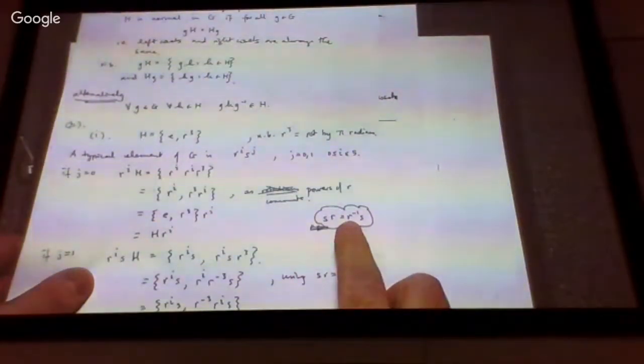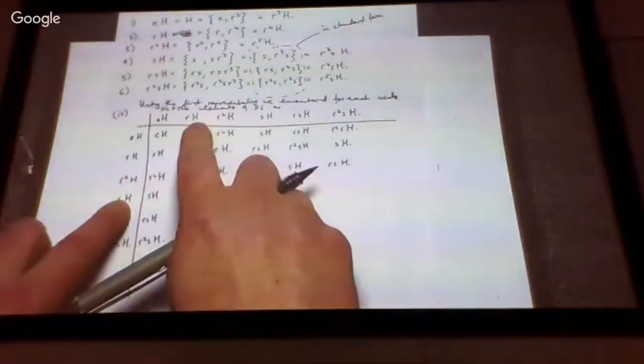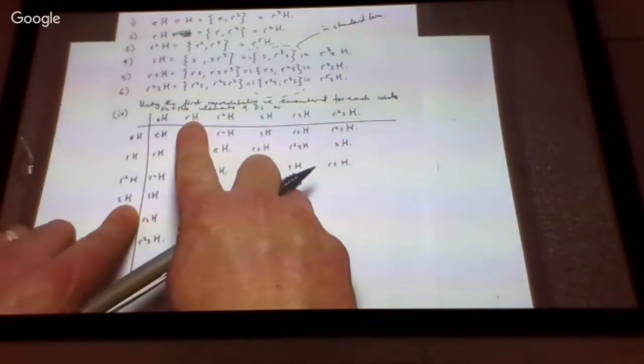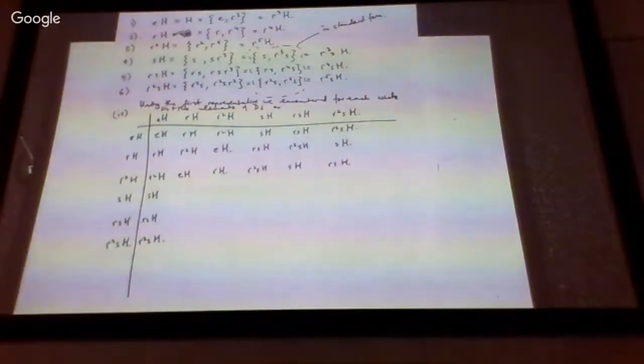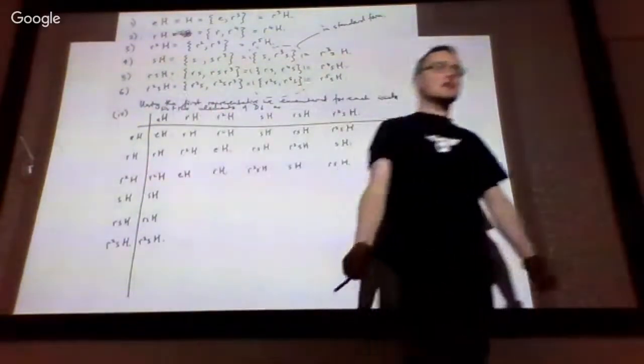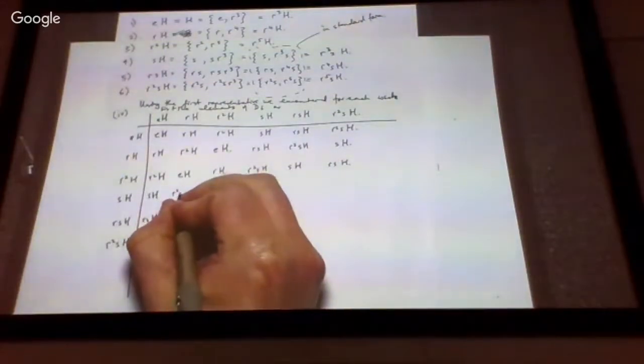So R inverse is R5. So this SRH is really R5SH, which is R squared SH. That's the other representative for R squared SH. So this product here is R squared SH. That makes sense?